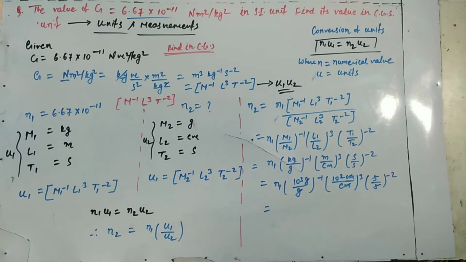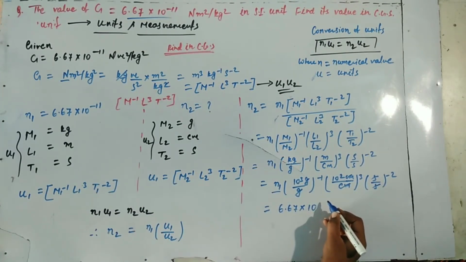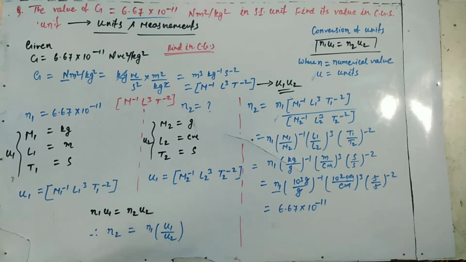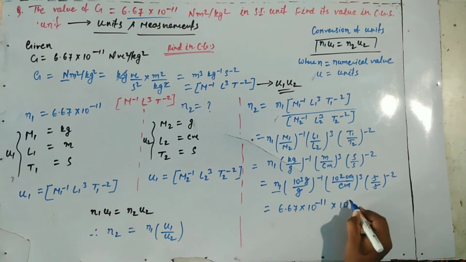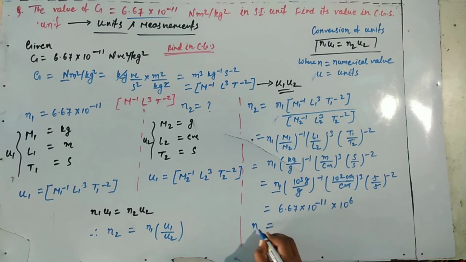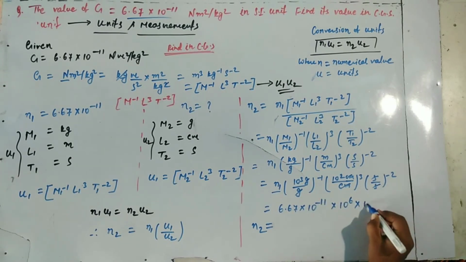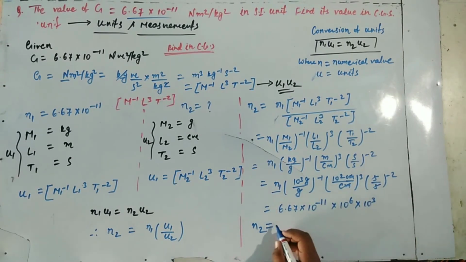So N2 will be, putting the value of N1, 6.67 into 10 to the power minus 11 into 10 to the power 6 into 10 to the power 3, 10 to the power 3.